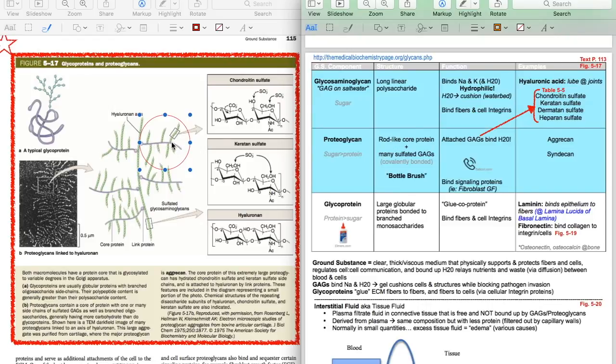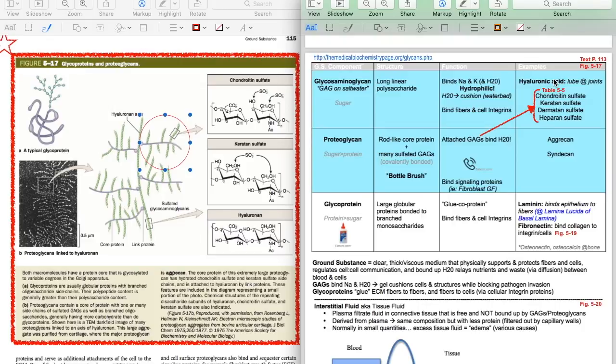And then bound onto the protein rod are a whole bunch of sulfated glycosaminoglycans that I have not talked about yet. Okay, now this is what gives us the bottle brush, quote-unquote bottle brush arrangement. If you don't know what a bottle brush is, just Google it so I don't have to try to explain it to you, but it's a brush that brushes out bottles.